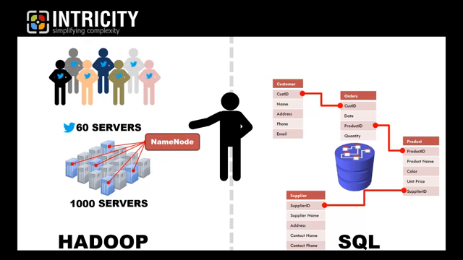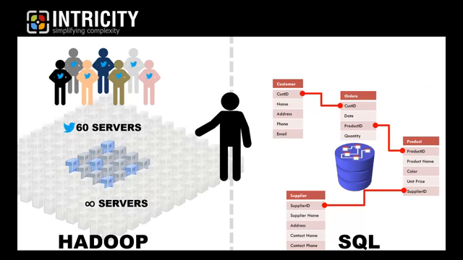Now, this seems like a waste of space, but it's actually the secret sauce to the massive scalability magic in Hadoop, and this leads us to our third difference. Now, you're going to have to stay with me here while I explain this. When thinking about big data solutions like Hadoop, think of something architected for an unlimited number of servers.